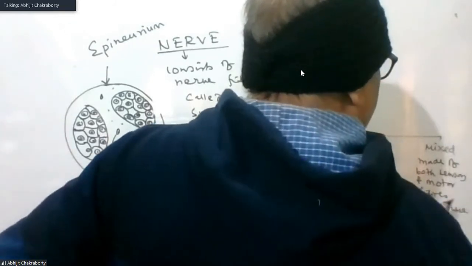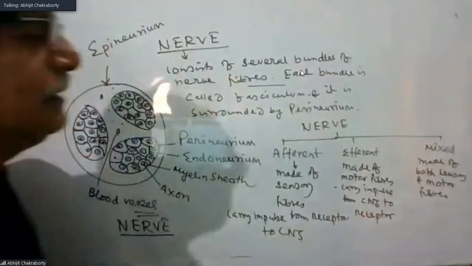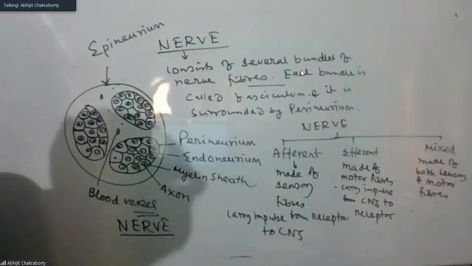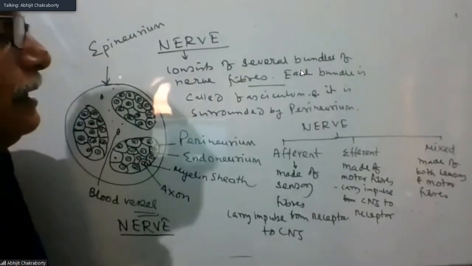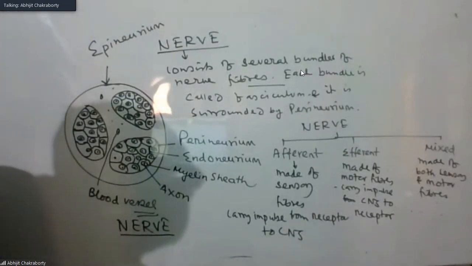Here the mixed nerve, as it is made of both sensory and motor fibers, the sensory fiber carries impulse from receptor to CNS, and motor fibers carry impulse from CNS to effector.